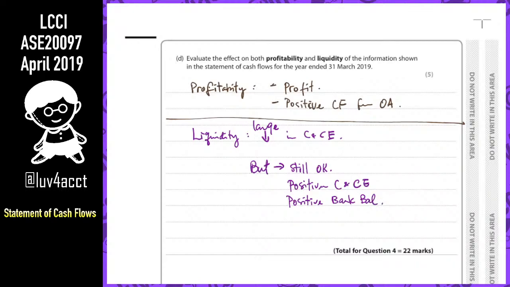And you have the ability to pay dividend even though you have repaid 100,000 debentures.